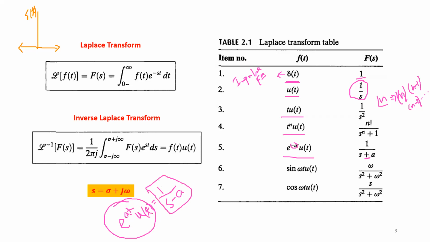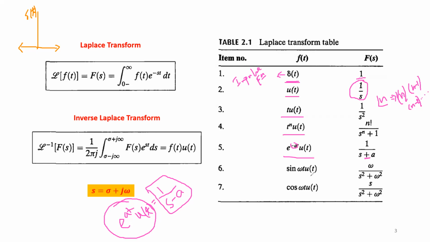Instead of a, you can have another value. Just remember simply: if it is e to the power 5t, then it is s minus 5. All other things are the same. So understanding this table is important, because if you know this table, you can easily apply these values in your maths.